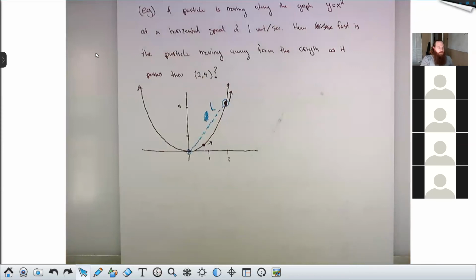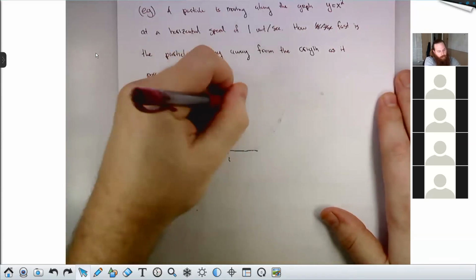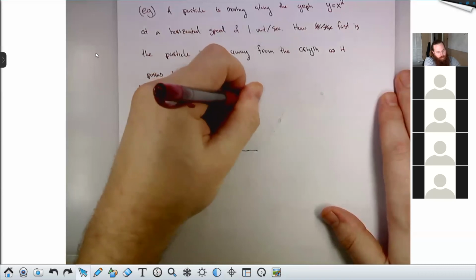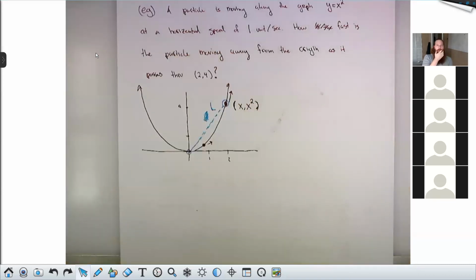So my particle is moving along the graph y equals x squared. That means at any given moment, its position is something, comma, that thing squared. Everybody get that? Since it's on the graph y equals x squared, if its x component is x, its y component is x squared, because y is x squared along that graph.